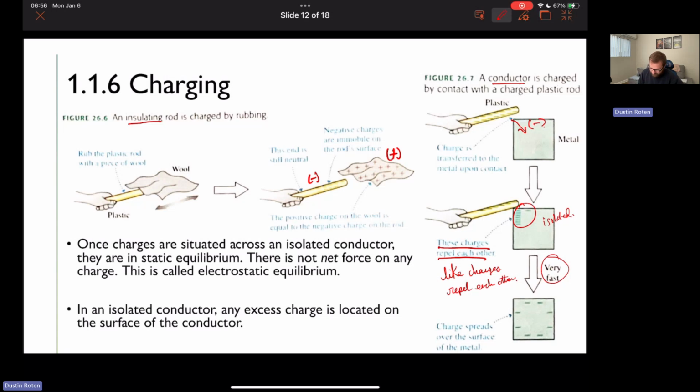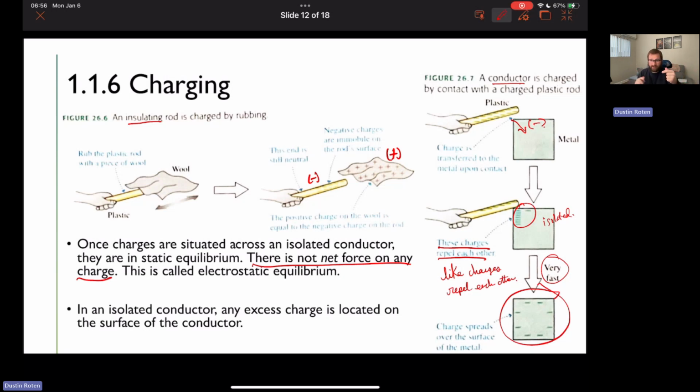So it turns out that once they are situated on a conductor, they move in such a way so there's no net force on any charge, right? Because they have all the repulsive force at the beginning. They hate that, so they're going to move out in such a way that there's no net force trying to move them anymore.